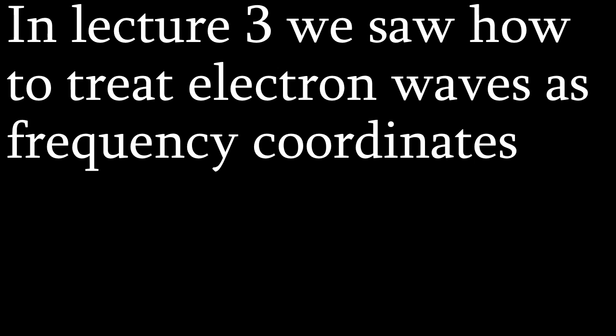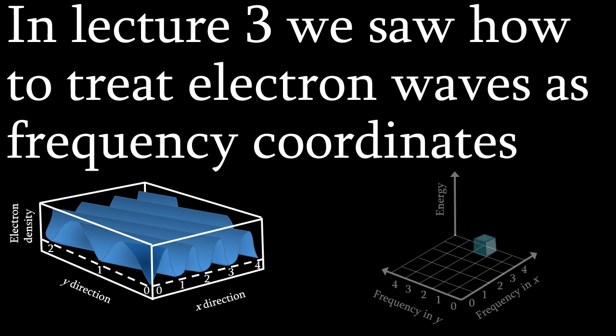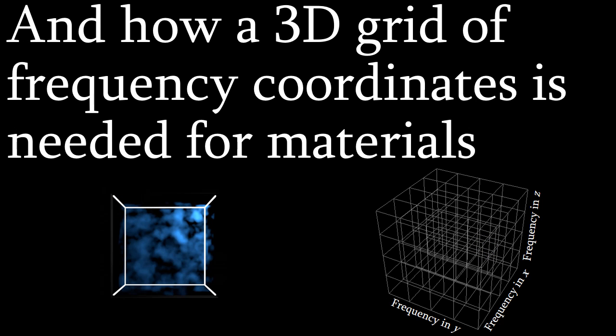In Lecture 3, we saw how to treat electron waves as frequency coordinates, and how a 3D grid of frequency coordinates is needed for materials.